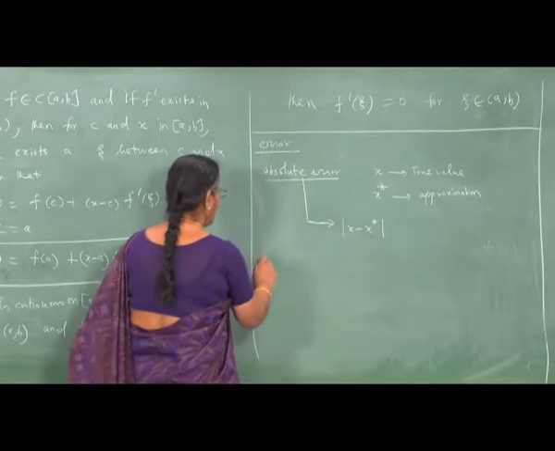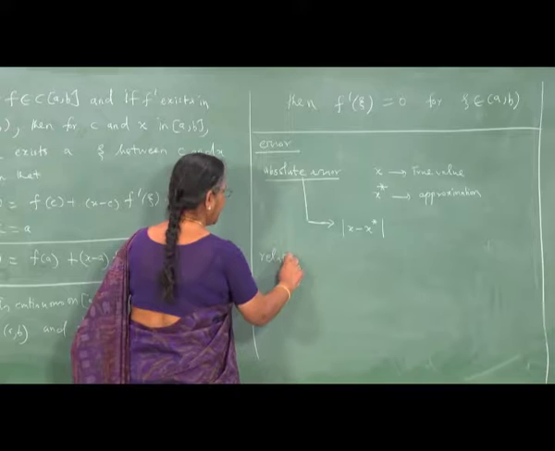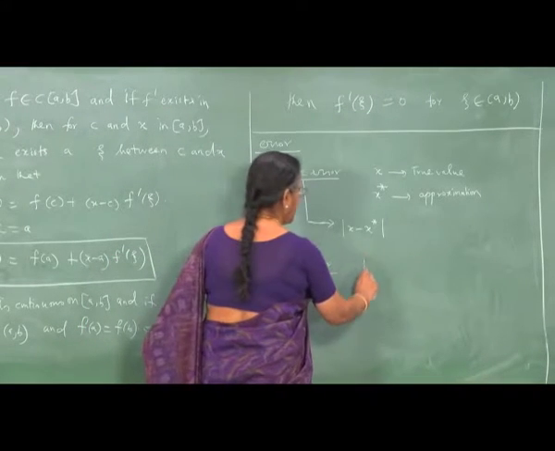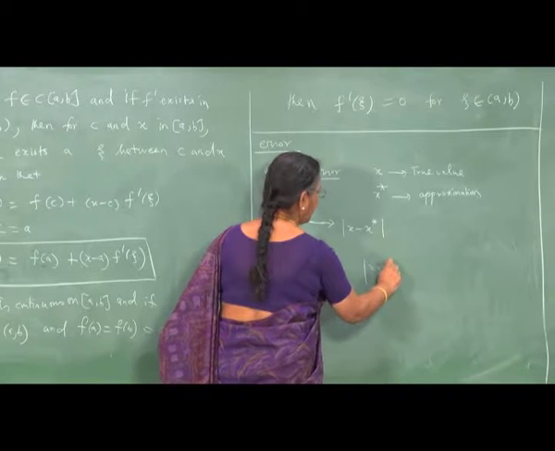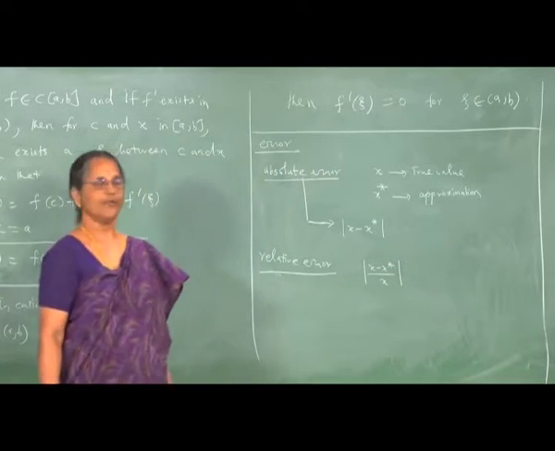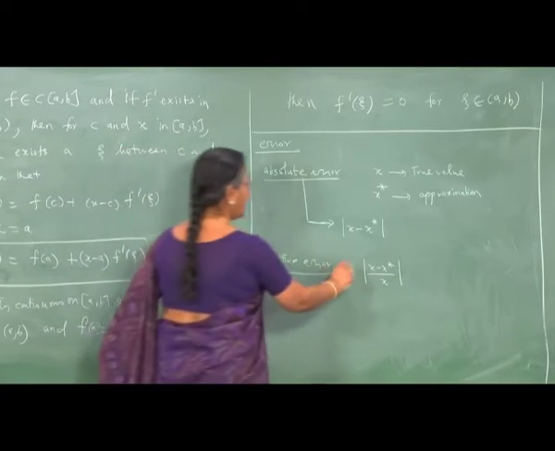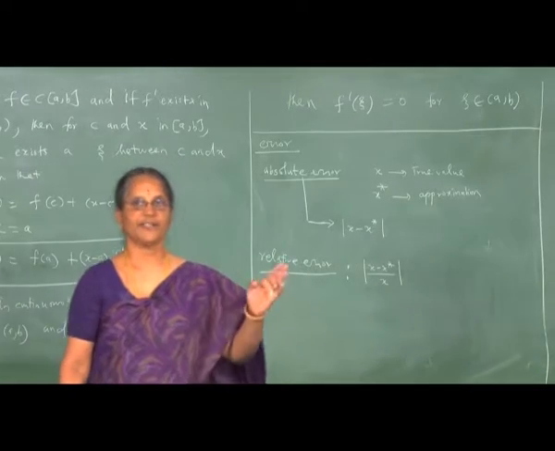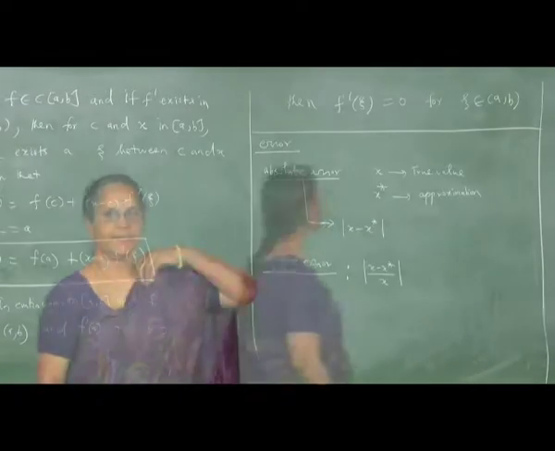And by a relative error, we mean the absolute value of x minus x star relative to the true value x, and that is the relative error that has been incurred in approximating x by x star.